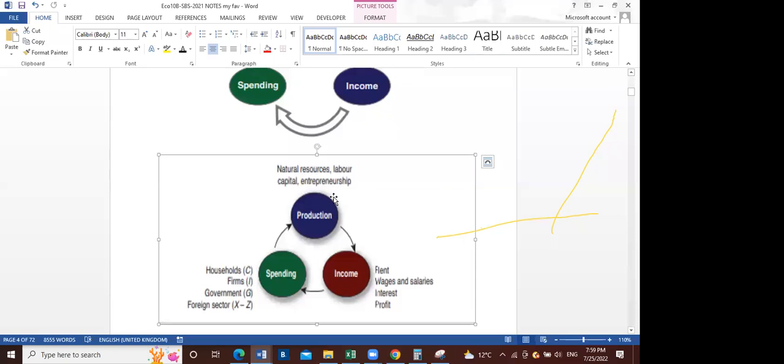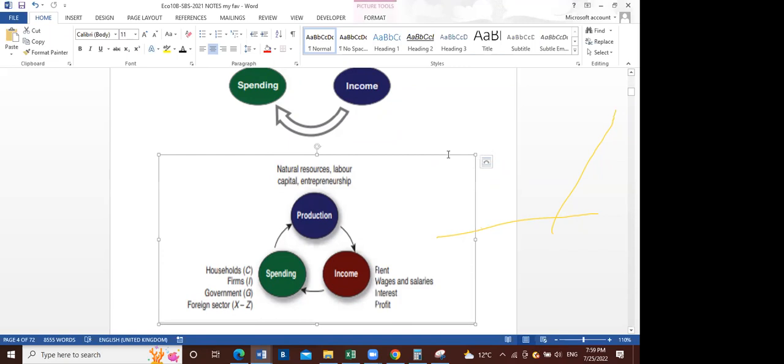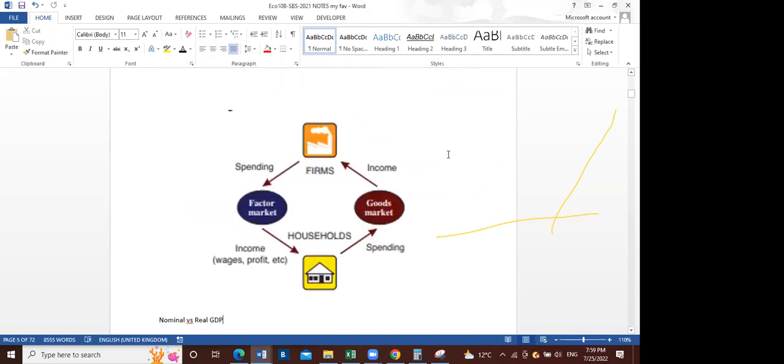Then the production method, which is the value added method, where we are calculating the value added at each level of production. This is how we can be measuring the metric of GDP.